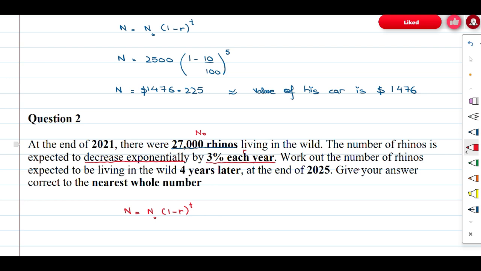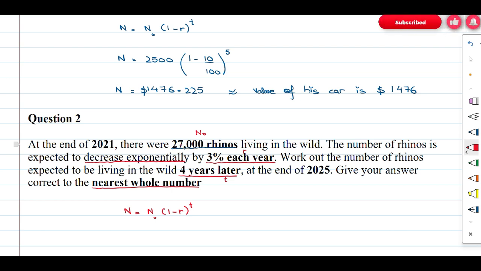Work out the number of rhinos expected to be living in the wild 4 years later. So this is the t value. r is in terms of years, t is in terms of years, that is okay. At the end of 2025, give your answer correct to the nearest whole number. So in 2021 the population was 27,000 and it is decreasing exponentially.